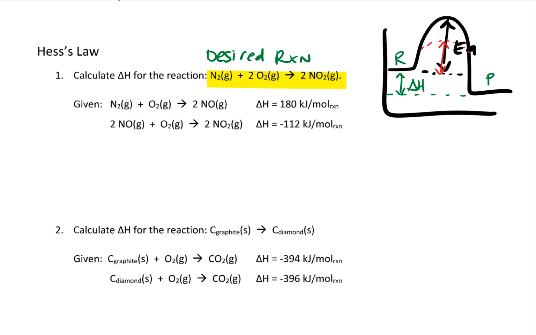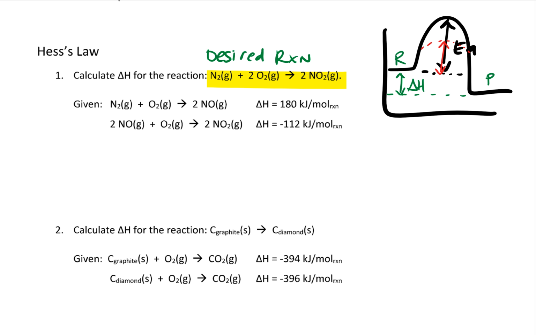I have NO2 as a product, and in my second equation, the NO2 is also on the product side. That's very good. I can't touch that. So what that means is these two given equations are correct in terms of their reactants and their products. Okay, so I don't need to change reactants and products.